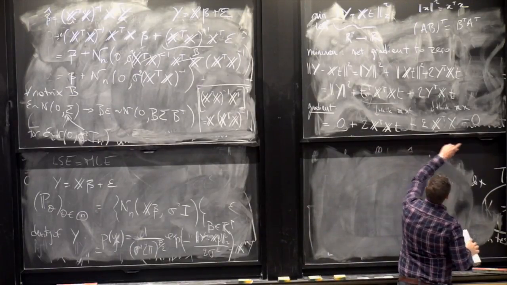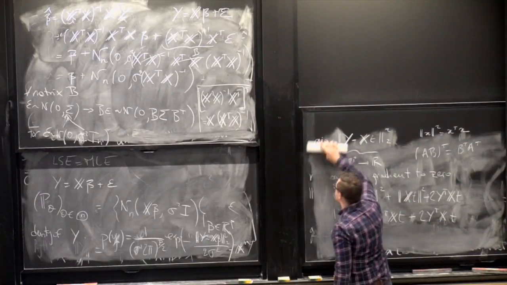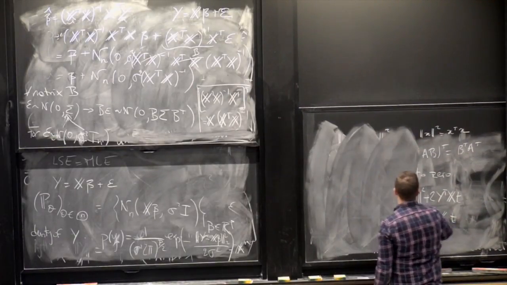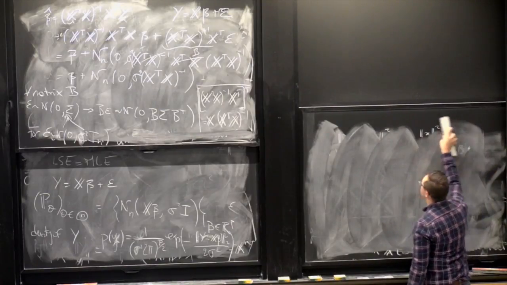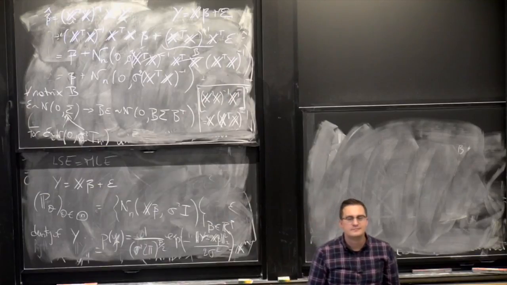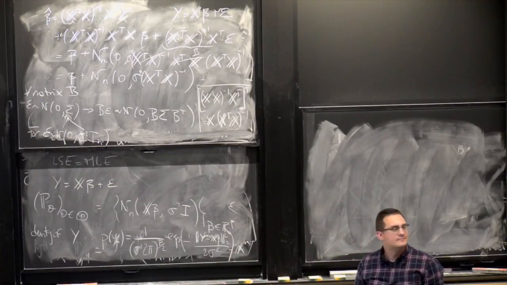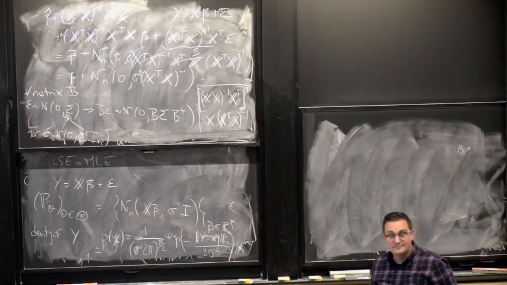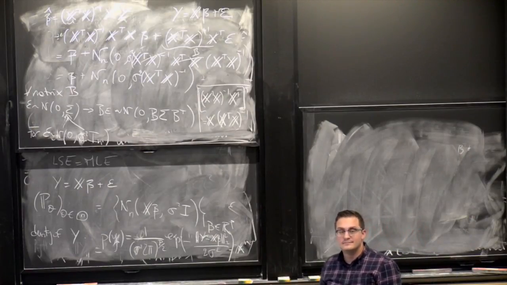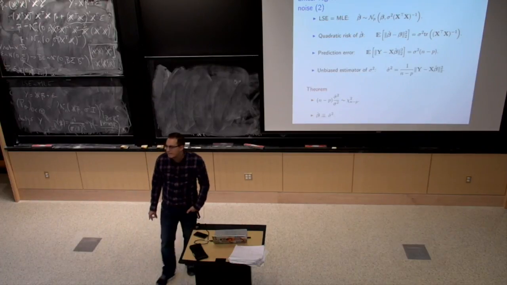So now I can actually write my log likelihood. How many observations do I have of this vector y? Do I have n observations of y?